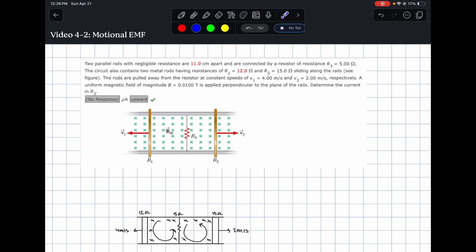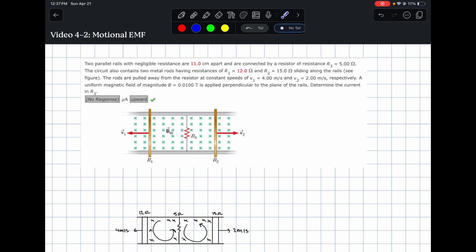The rods are pulled away from the resistor at a constant speed of V1 equals 4 meters per second and V2, which equals 2 meters per second, respectively. A uniform magnetic field of magnitude B equals 0.01 teslas is applied perpendicular to the plane of the rails. Determine the current in R3.